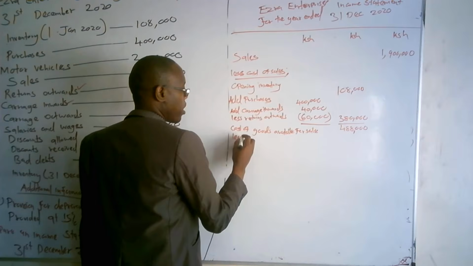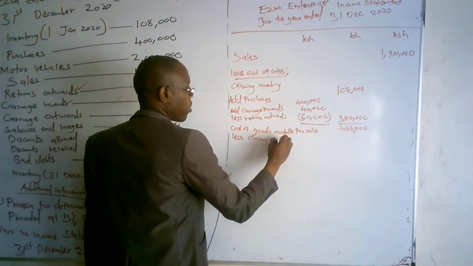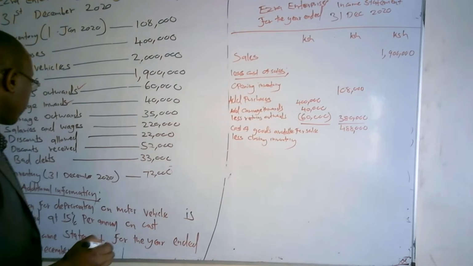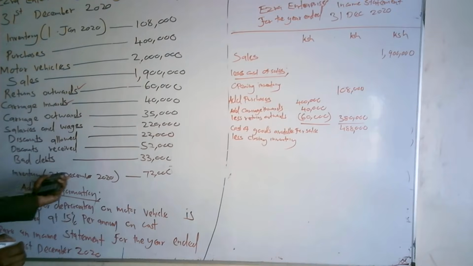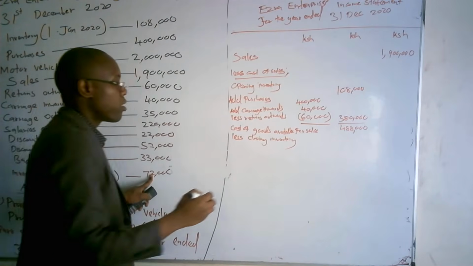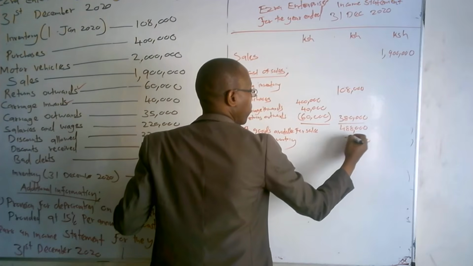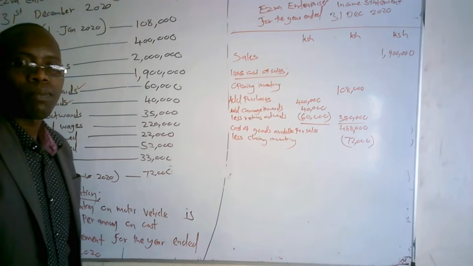And then of course the next thing that we do is to less closing inventory. The closing inventory here, if you can see it, is the inventory on 1st December 2020, which is 72,000. So you take 72,000 here, you less that closing inventory.